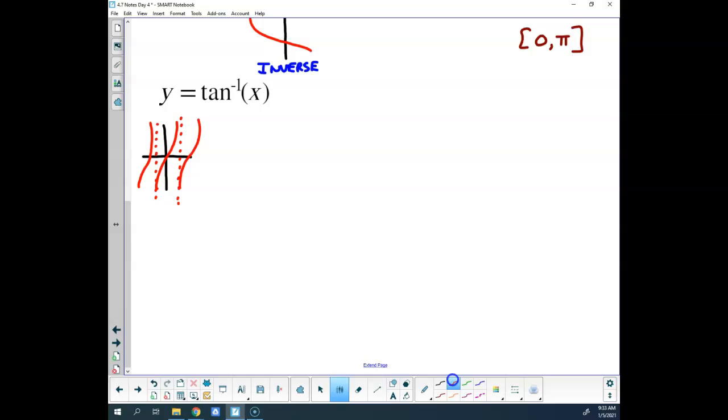Tangent has vertical asymptotes in it, which means that we invert it.